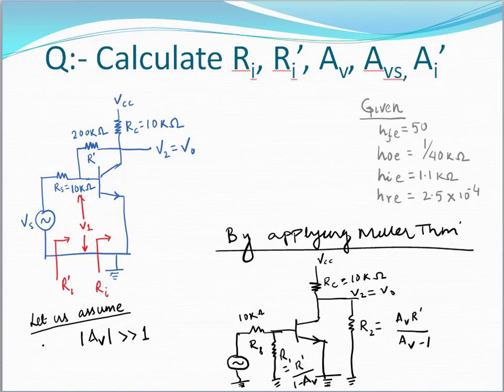So if we assume that AV is very much greater than 1, then this R2 is further simplified. AV is much greater than 1, so AV minus 1 can be assumed as AV, so it will come around R dash only, and R dash is 200 kilo ohm.